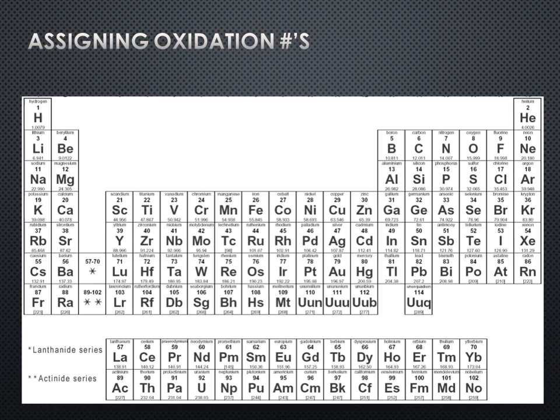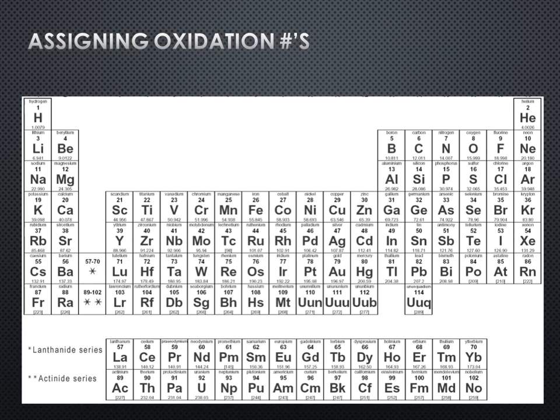So our first group, group 1: their goal is to achieve a stable octet by either gaining or losing electrons. Let's look at group 1, this column here. Each one of those elements has 1 valence electron.